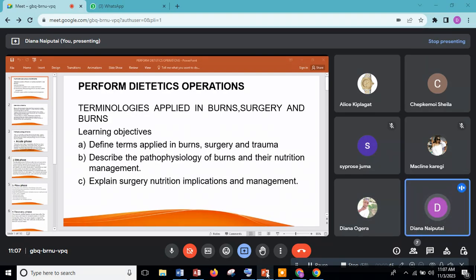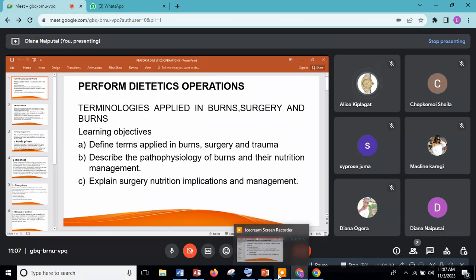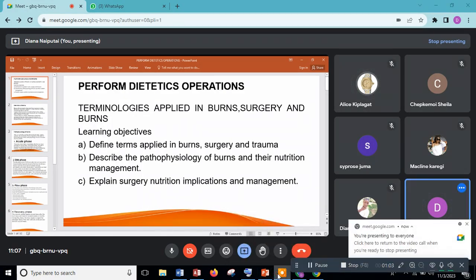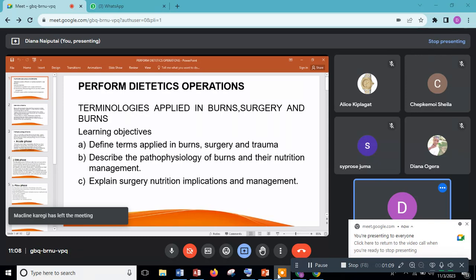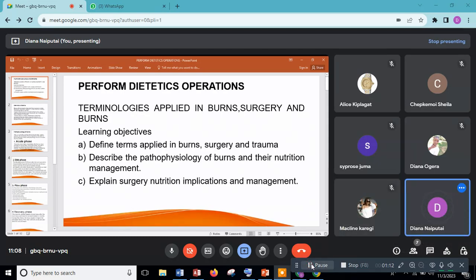Today we are going to learn about performing dietetics operation, and after that we are going to look at terminologies applied in burns, surgery and trauma.